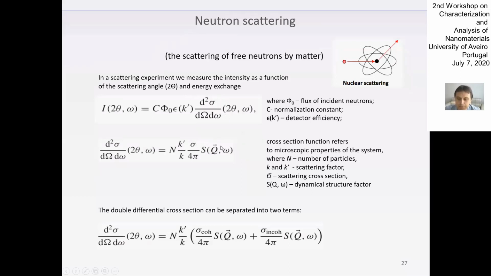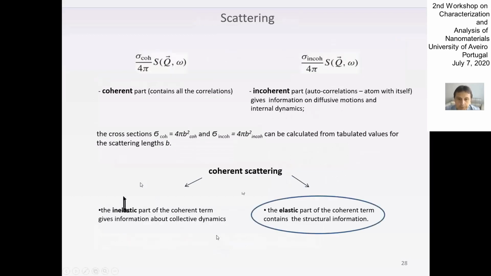This is a characteristic parameter, and it's tabulated, so we can find it in the tables. And the double differential cross-section, the formula is written here. It has two components, and to get diffraction, we have to take care of the coherent part of this equation. Coherent.